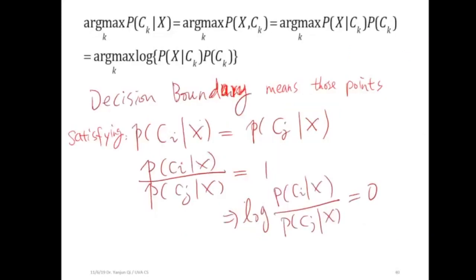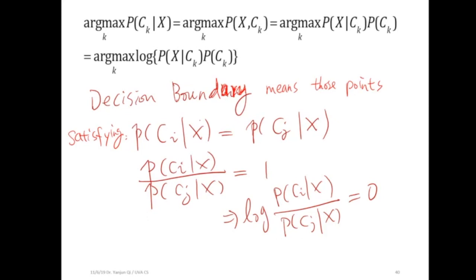All right. I don't want to prove it, but you actually can. I hope you still remember what we mean by decision boundaries. For these decision boundaries, P(i | x) equals P(j | x), right? These two probabilities are the same, which means the density ratio is 1, which means the log density ratio is 0.